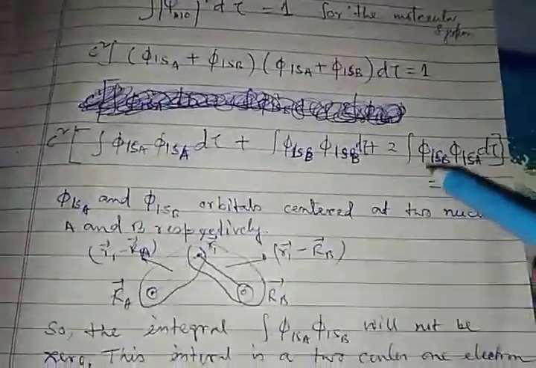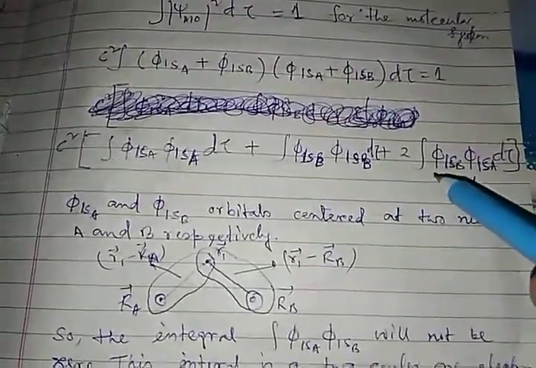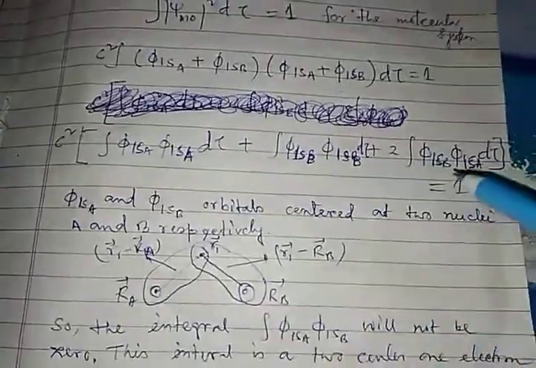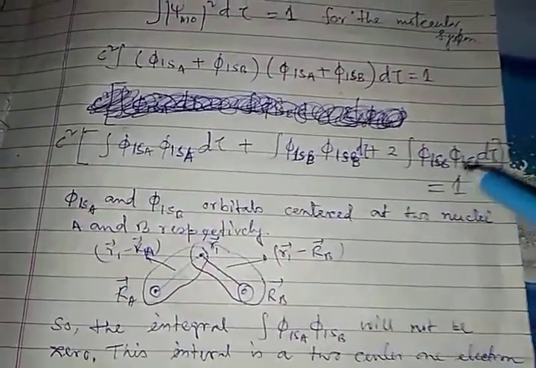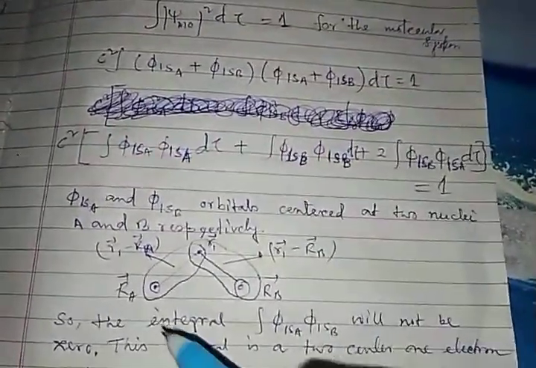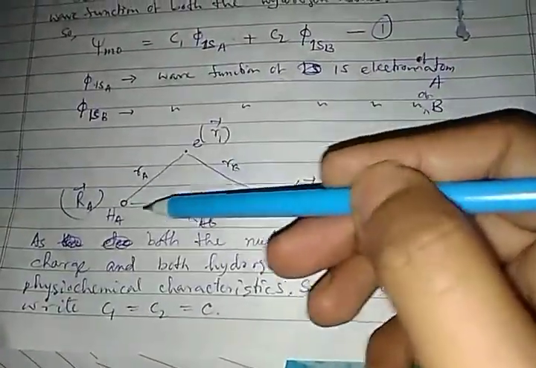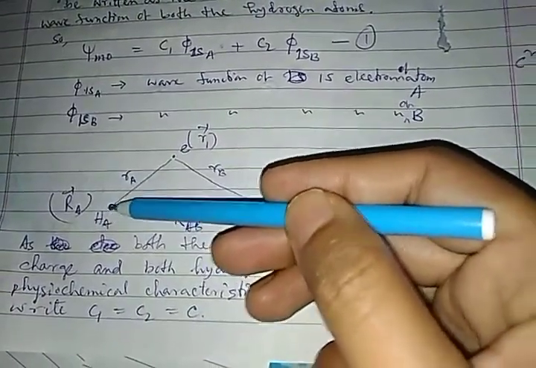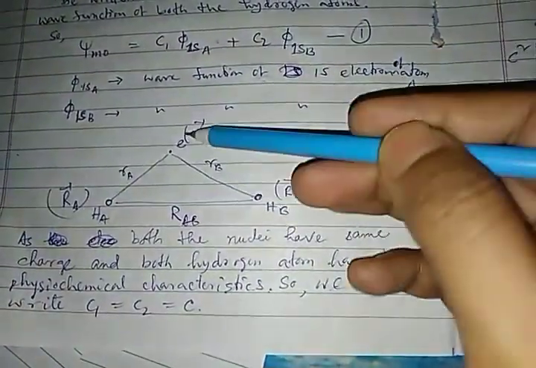Now we have previously noticed that this type of orbital may be orthogonal, but in the present case this orbital will not be orthogonal. If I go to this representation, HA is the first nucleus, this is the second nucleus, and the electron.